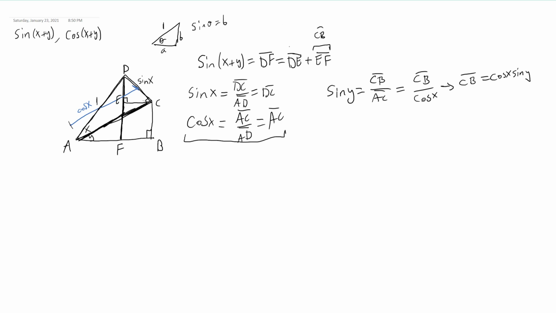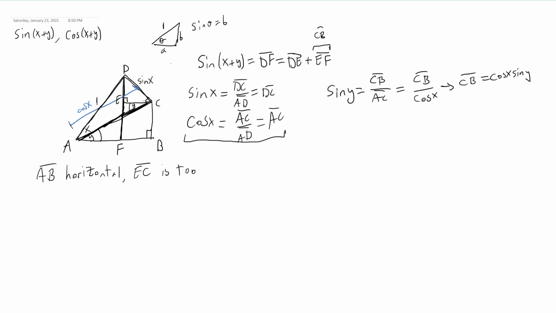Now let's look at DE. It's a little trickier, but it's still manageable. So the important thing to note here is that AB is a horizontal line, and so is EC. So what that means is that if this angle is angle Y, this angle has to be Y, because it's two parallel lines cut by a transversal.